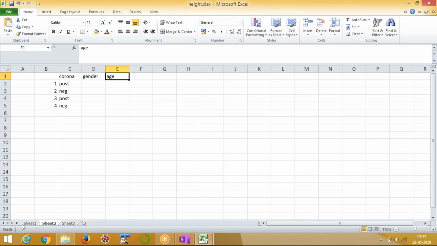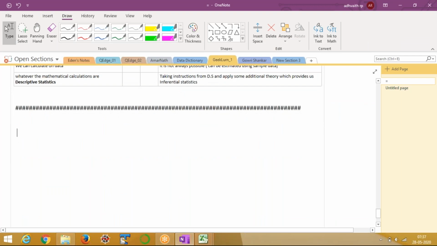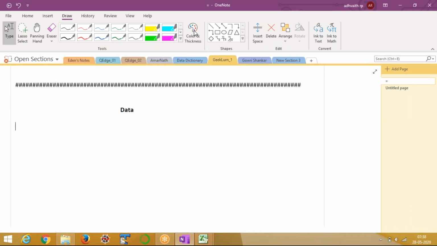In the previous case, I collected the height variable. Height is collected as data in what way? That means data is in how many types? Let's make it as data.